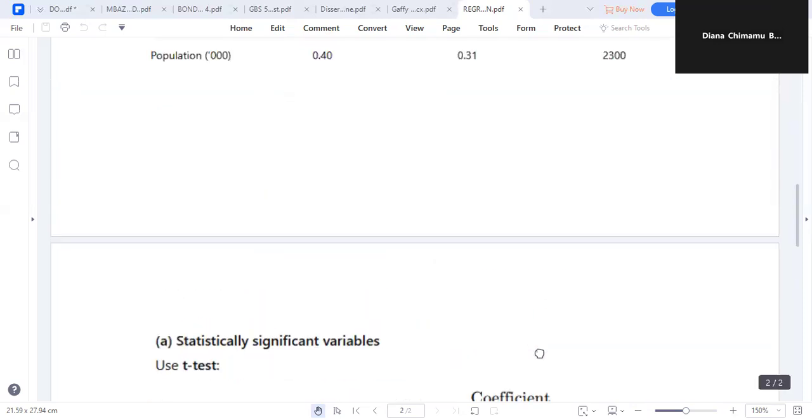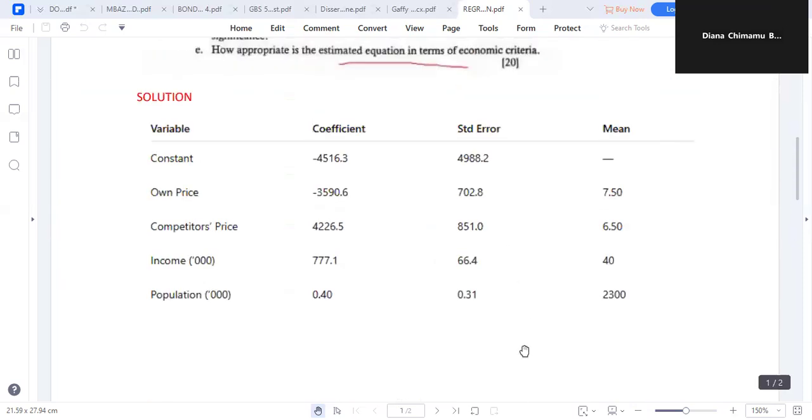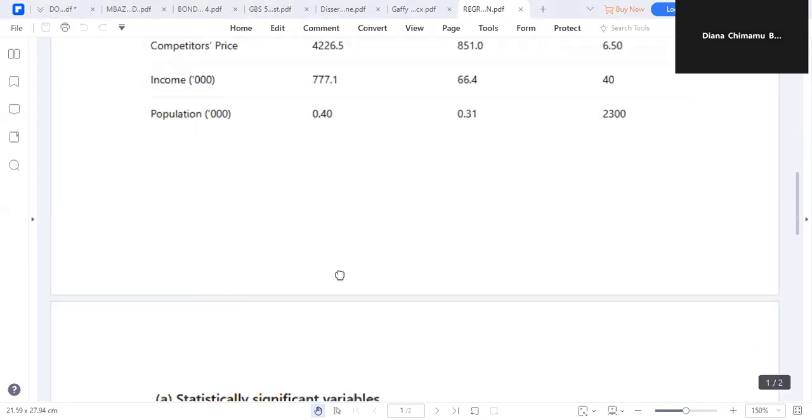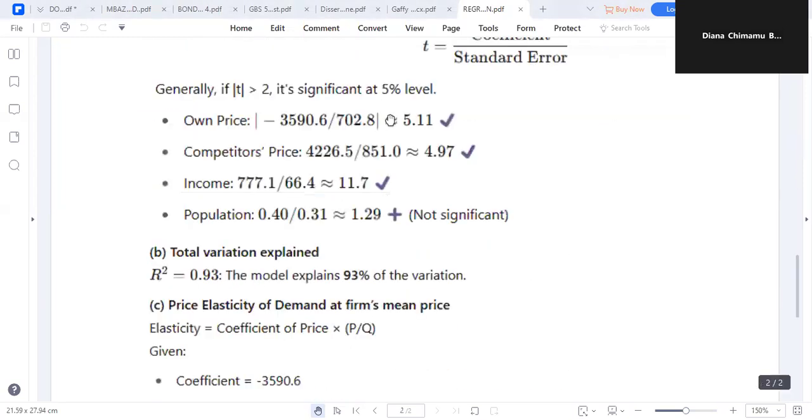Is that okay? Are we together so far? Okay, I think I lost connectivity for a while.